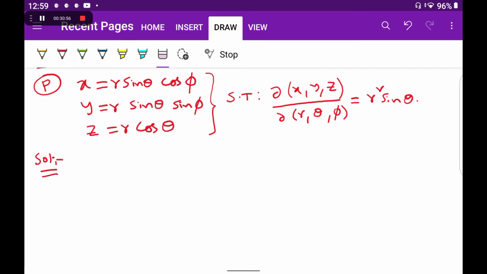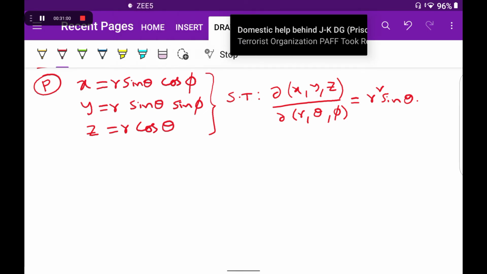So you can also see this problem in a different way.